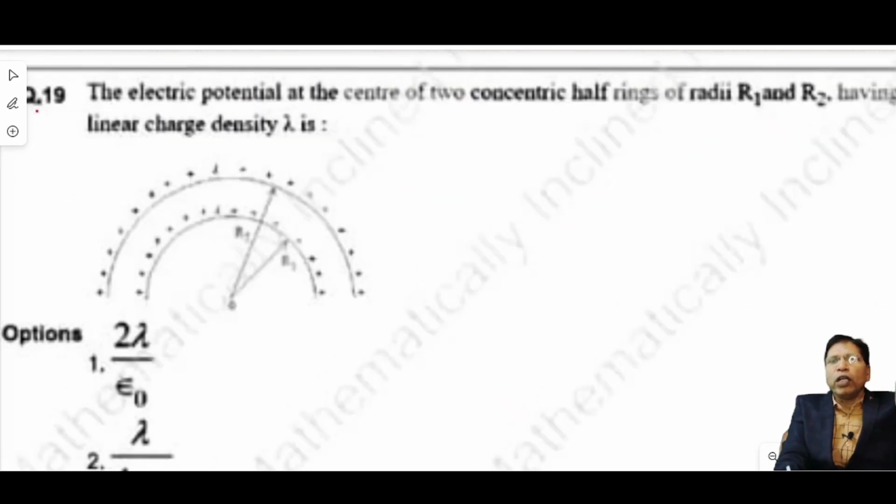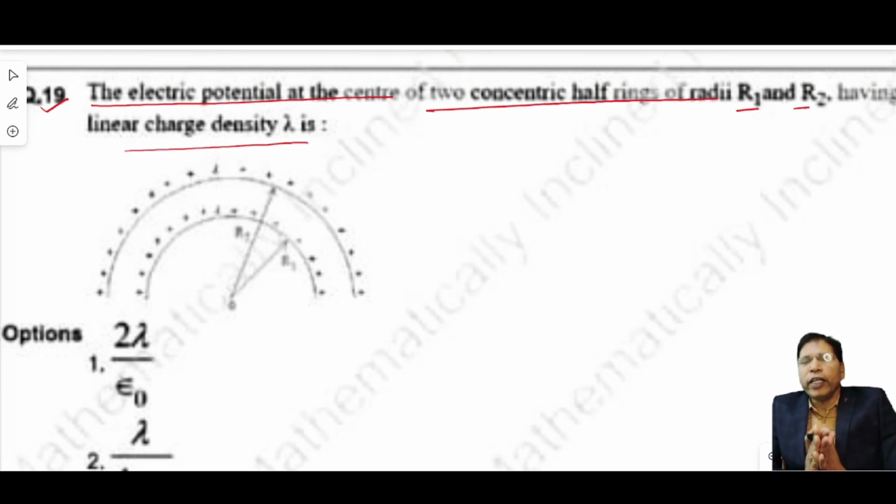Now question number 19. The electric potential at the center of two concentric half rings of radius R1 and R2 having linear charge density lambda. This is a very easy numerical. First of all, you have to calculate the charge on the ring.